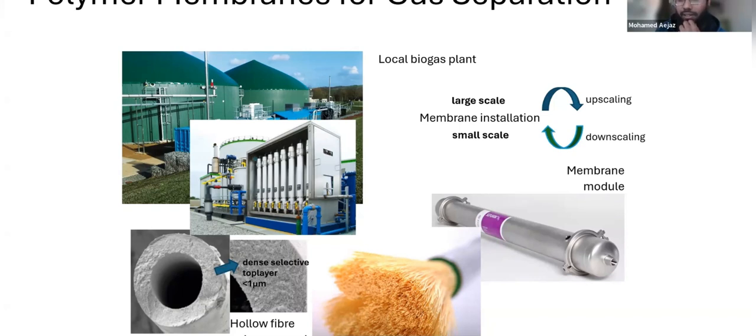It's a very, very thin layer, less than 1 micrometer, loaded on a hollow fiber. This 1 micrometer layer is what separates the gas that you wanted to achieve at the end, right? If you have questions in the middle, just interrupt me.